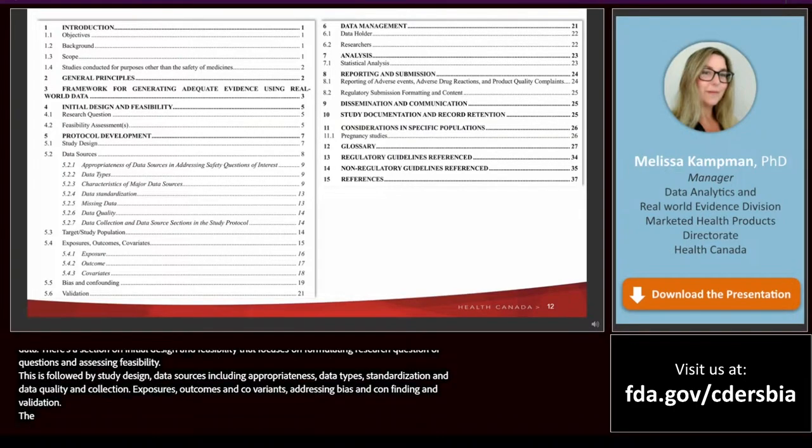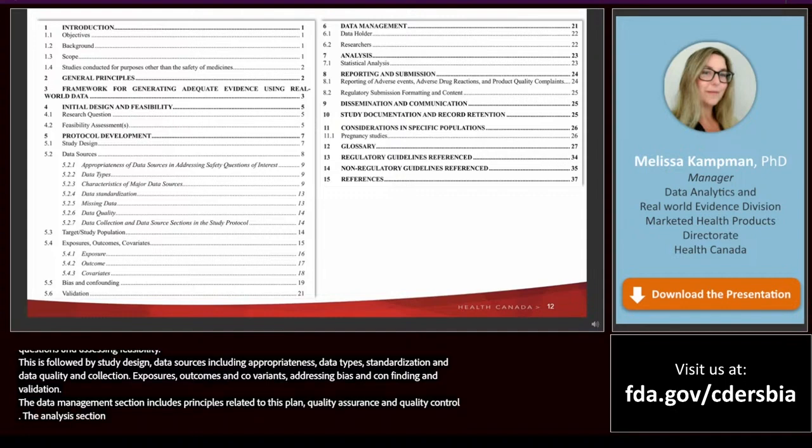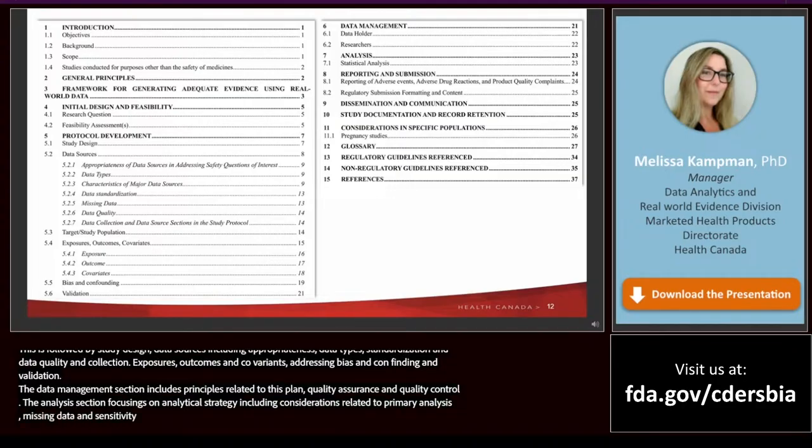The data management section includes principles related to the data management plan, quality assurance, and quality control. And the analysis section focuses on the analytical strategy, including considerations related to primary analyses, missing data, and sensitivity analyses.